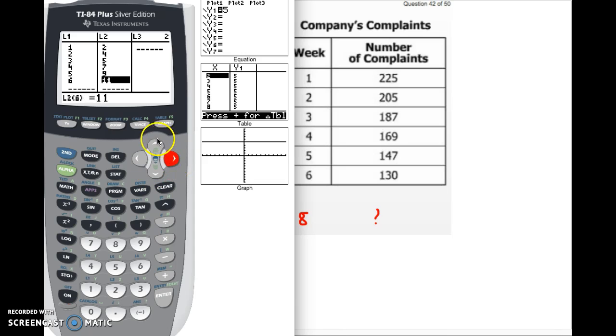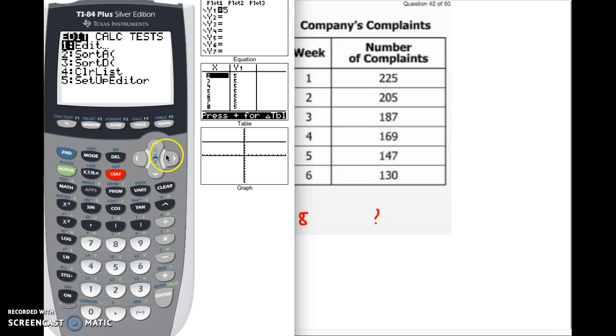So those didn't change, but my y values have changed. So we are going to type in a 225, a 205, a 187, a 169, a 147, and a 130.